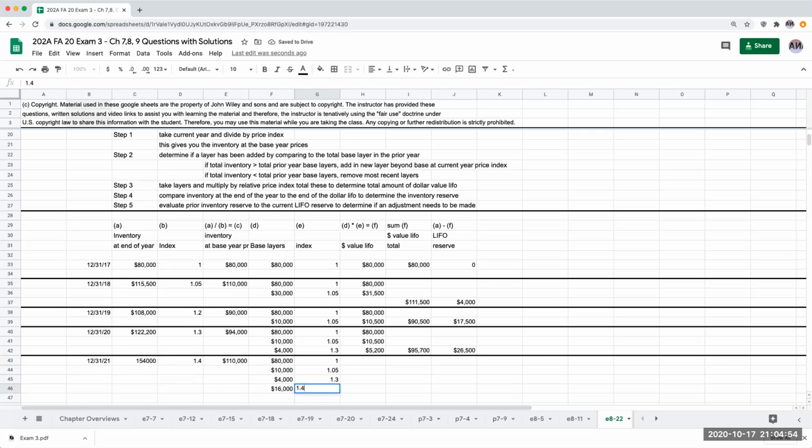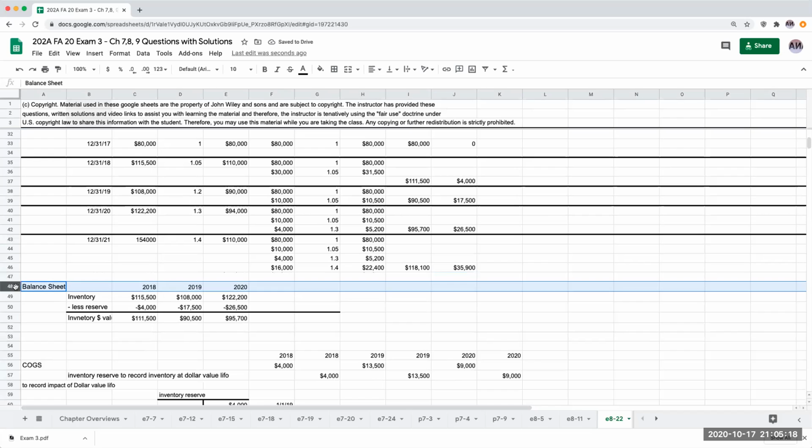I use the current year index right over here, 1.4, and then I'm going to multiply these through. So when I add these four values up, I got 118,100. The difference in my LIFO reserve is going to be 39,500.